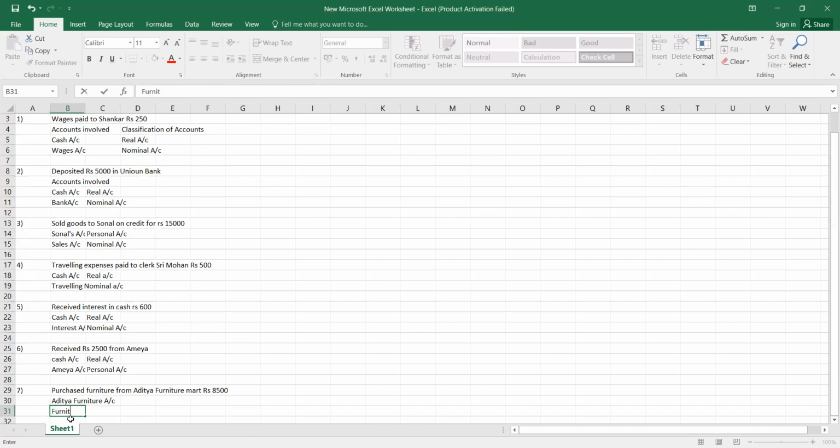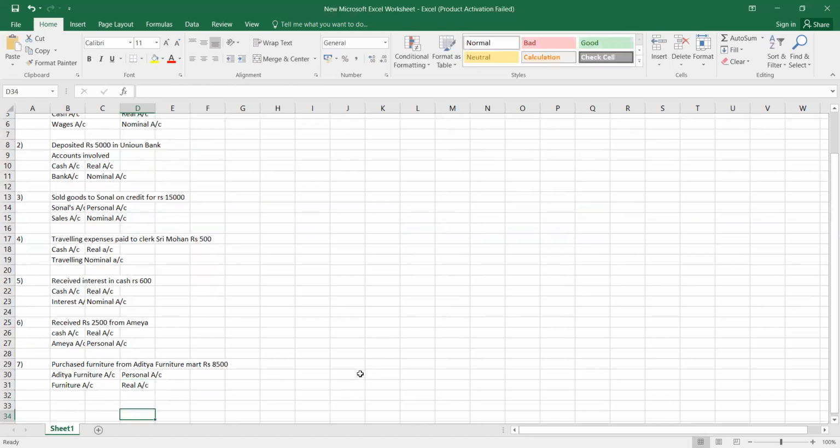These will be the two accounts impacted. Okay, so Aditya Furniture account is a personal account, and furniture account is a real account. Let's go to the next one.